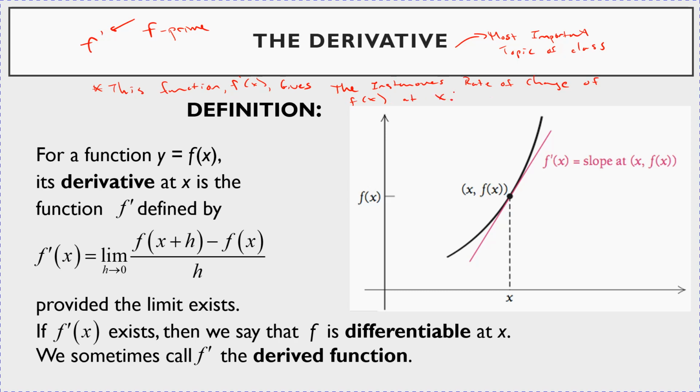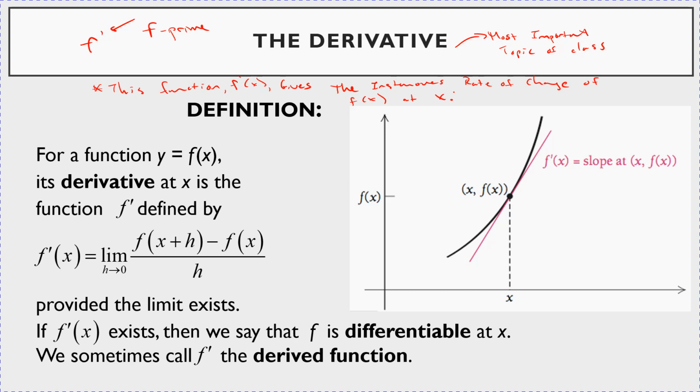We're going to find this limit and this new function, and I promise as I go through the examples this is going to make sense to you. It's going to give the slope of the tangent line at any x value, and that slope of the tangent line is the instantaneous rate of change of that graph. All right, so I think now we have an understanding of it.